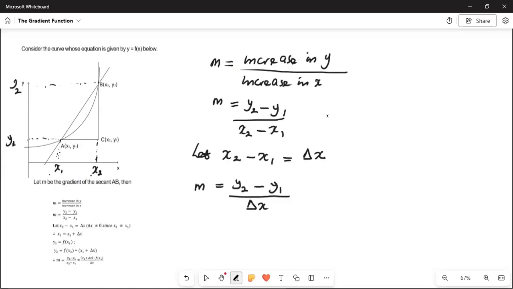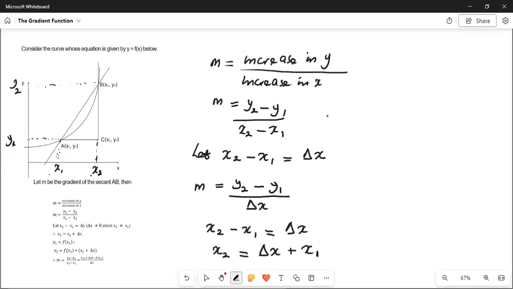Now, if delta x is x2 minus x1, then let's make x2 the subject of the equation. I have x2 minus x1 equal to delta x. If I make x2 the subject, then x2 is equal to delta x plus x1.